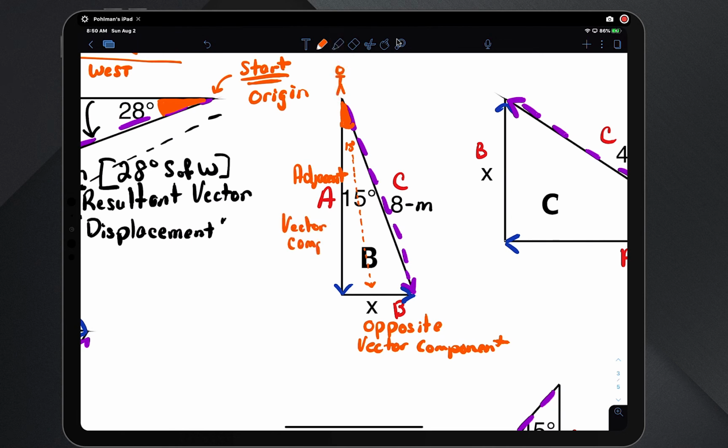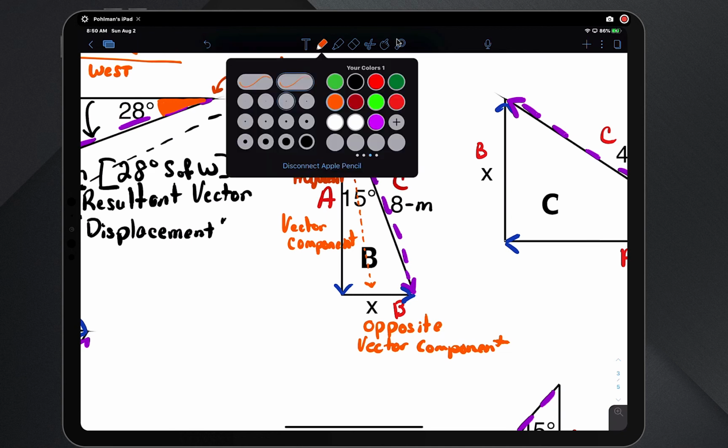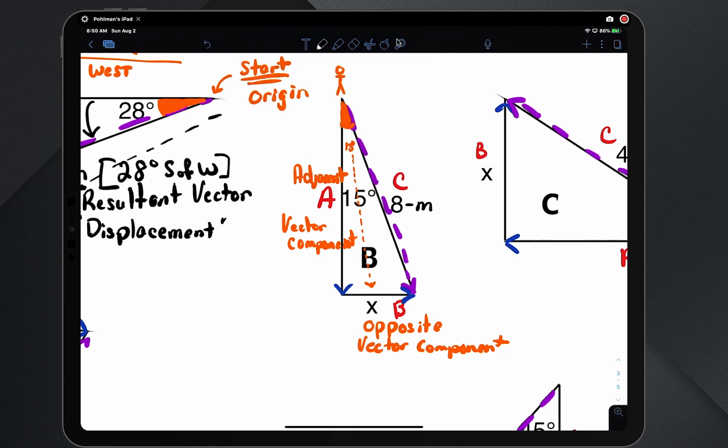It's one piece of the puzzle. We have one last side that we're going to label, and it's always the longest side. The last side that we label is always going to be the longest side, and it's always going to be the resultant. That side is going to be called the hypotenuse.